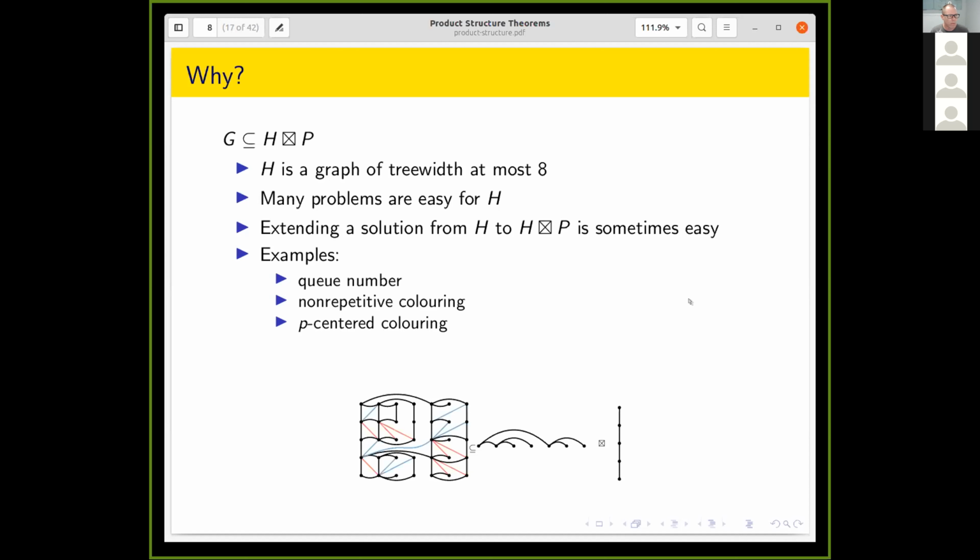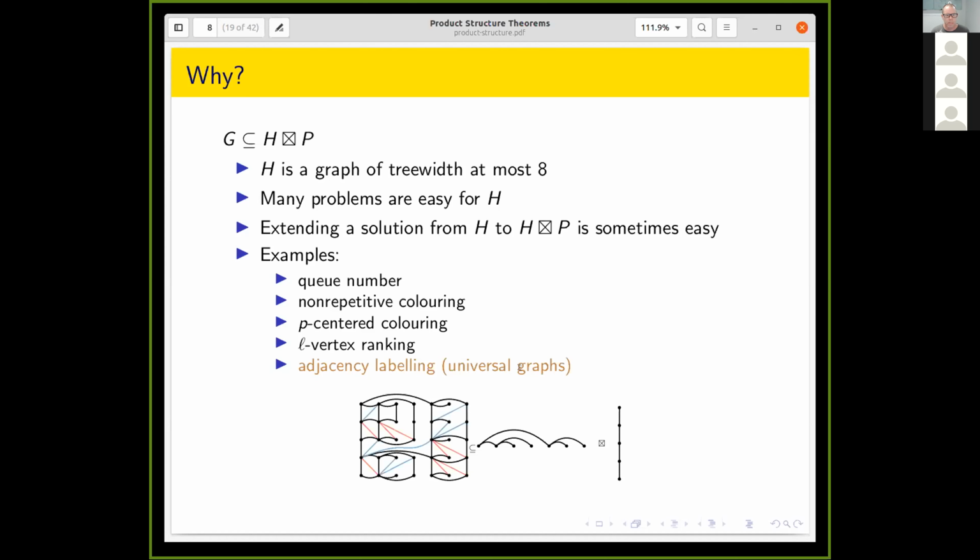The best bounds right now for p-centered coloring of planar graphs, the best bounds for vertex ranking of planar graphs, and currently the best, in fact asymptotically optimal, adjacency labeling schemes for planar graphs come from this technique.